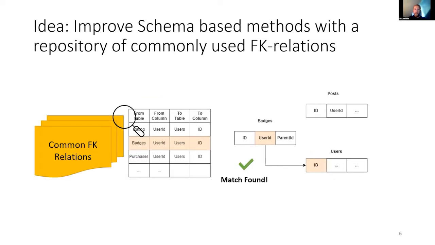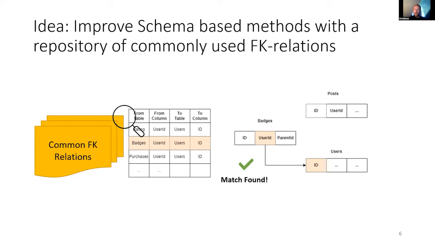So we thought, okay, can't we improve these schema-based and value-based methods with an additional signal, which comes from a large repository of commonly used foreign key relationships? Because we as humans, when we look at these schemaless data, we might already have an intuition because we know we have modeled database schemas before.